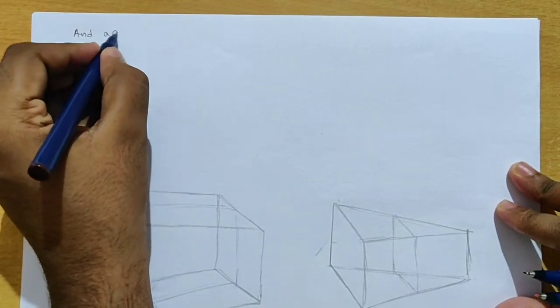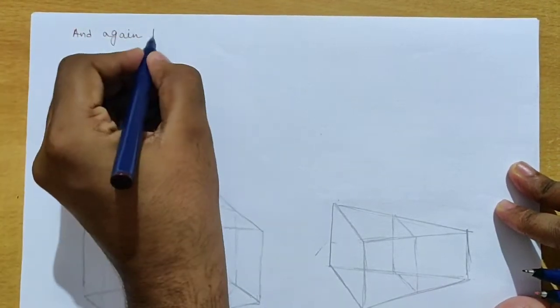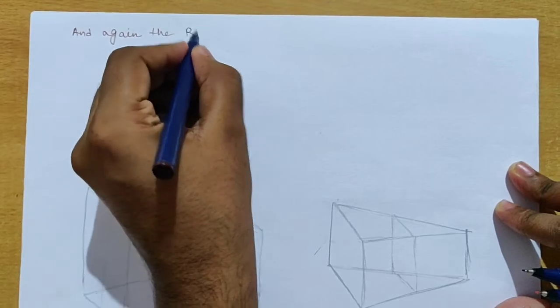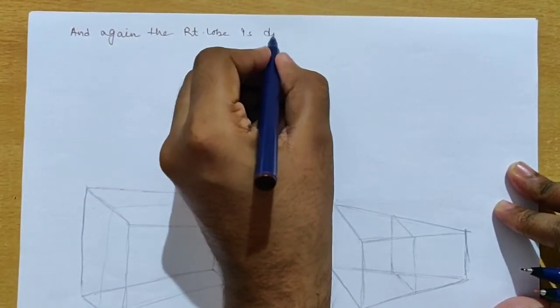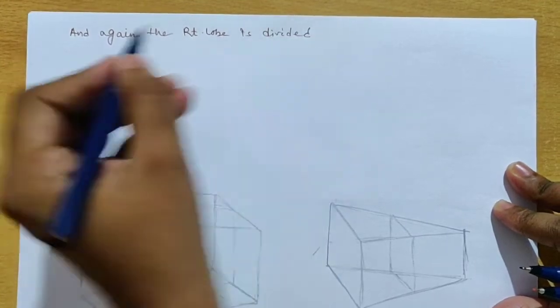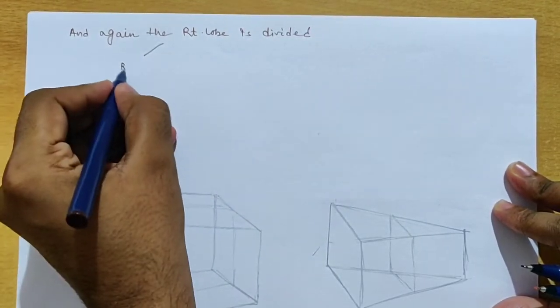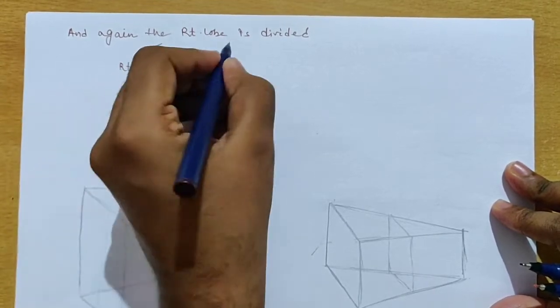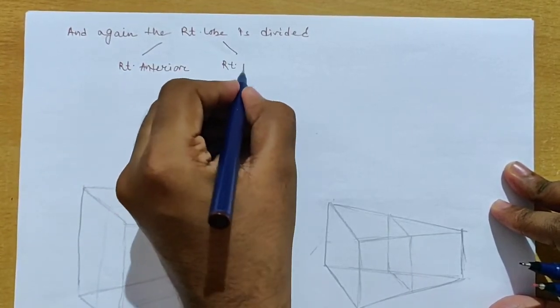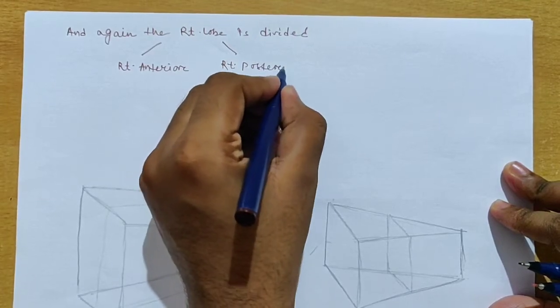And again the right lobe is divided into right anterior lobe and right posterior lobe.